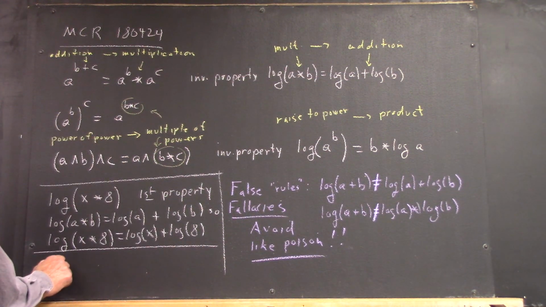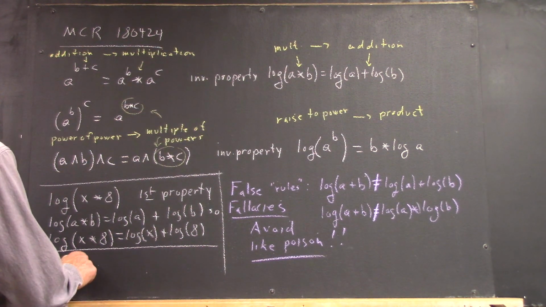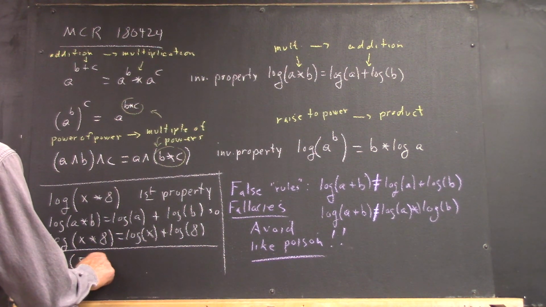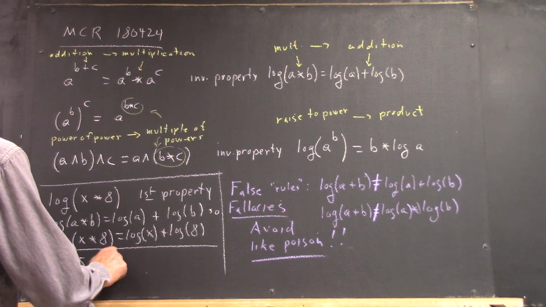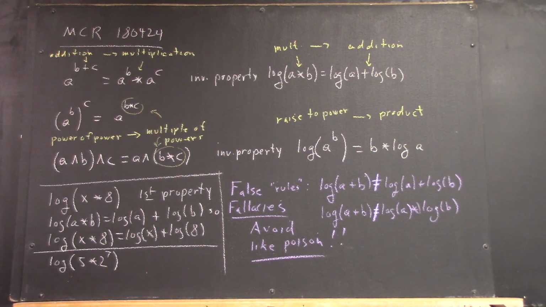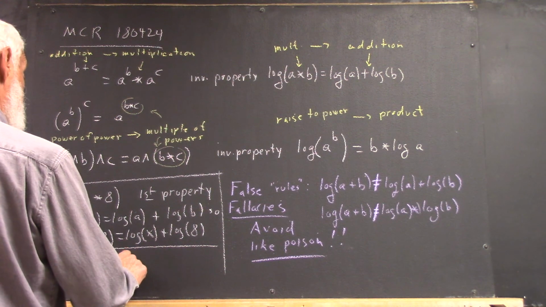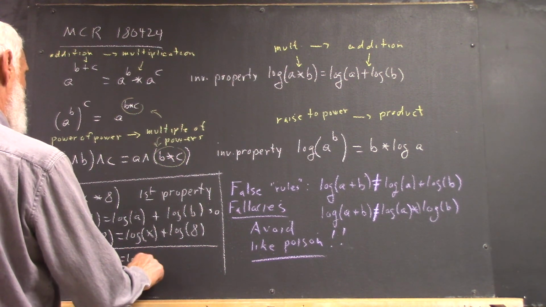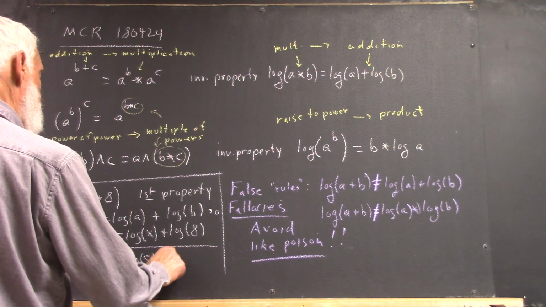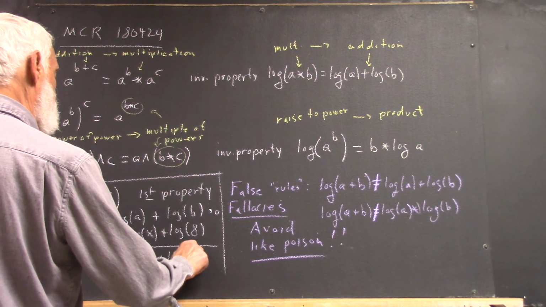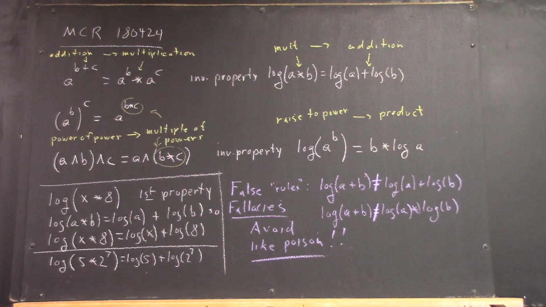Okay, here's another one. Log of five times 2 to the 7th. Well, by the first property, that's the log of 5 plus the log of 2 to the 7th. Anything more you can do with that?